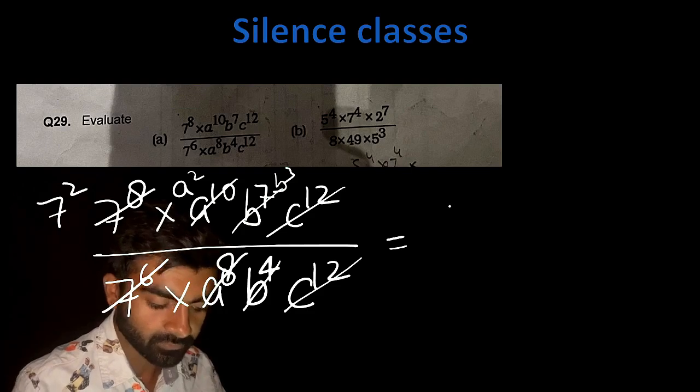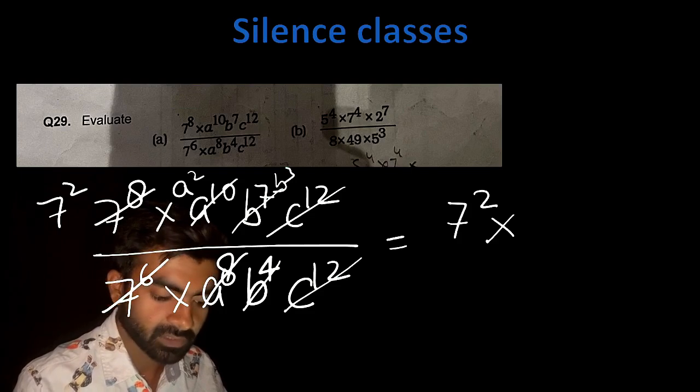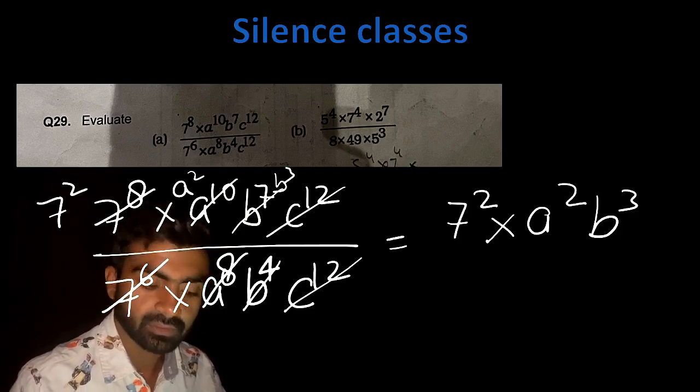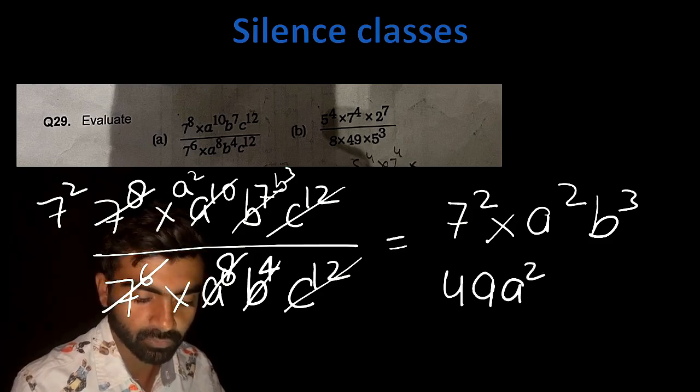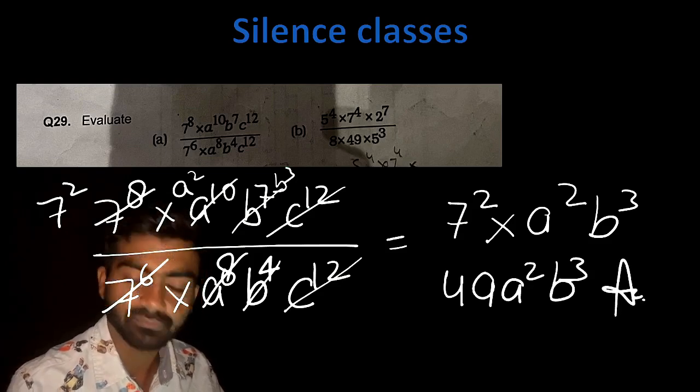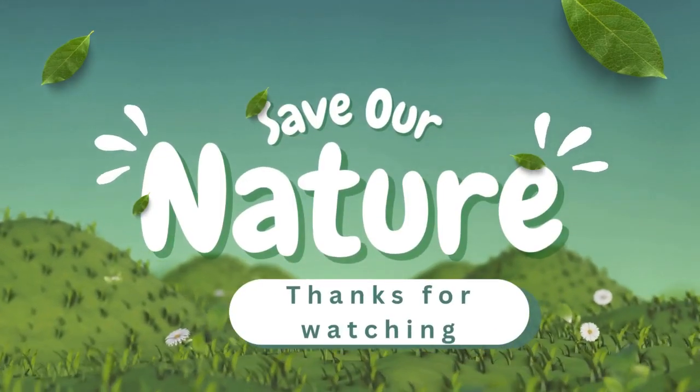So we got 7 to the power 2 multiplied by a to the power 2, b to the power 3. We can open it: 7 7s are 49, so 49 a square b cube is the answer. I hope you guys understood how we have done it.